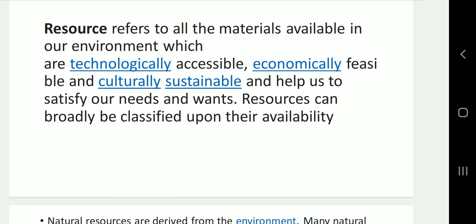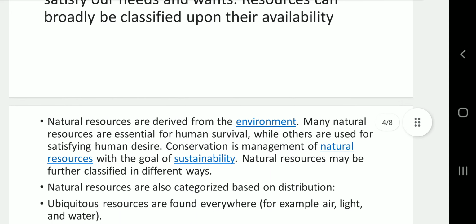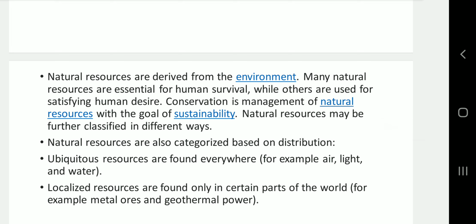Resources can be broadly classified on the basis of availability and on the basis of origin. These are the different types of resources. Natural resources are derived basically from the environment. Many natural resources are essential for human survival. There are plenty of basic resources without which you cannot survive, while there are other kinds of resources which are just to satisfy our desire, our need as well as our greed.